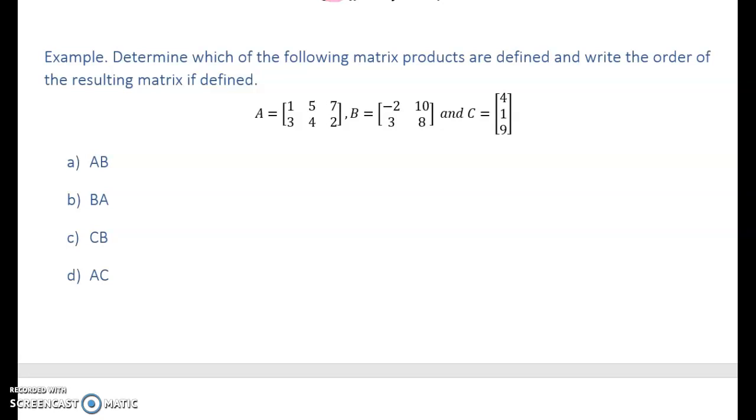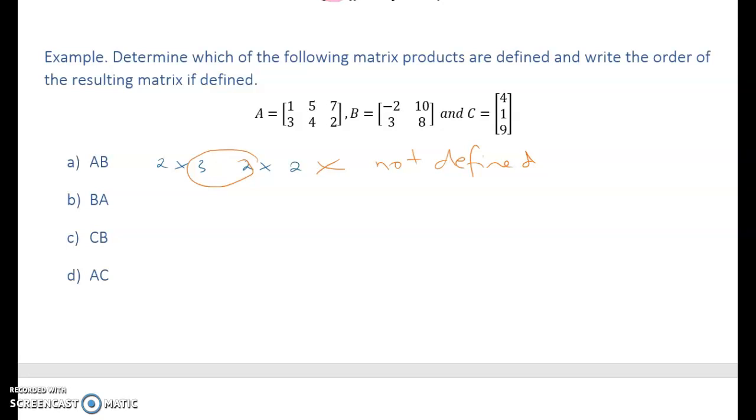The order of A is 2 rows by 3 columns, and B is 2 by 2. Okay, so rows by columns, rows by columns. We can see that these two here, the numbers aren't the same, so we can't go forward with them. We say it's not defined.